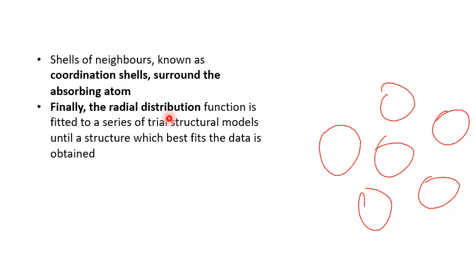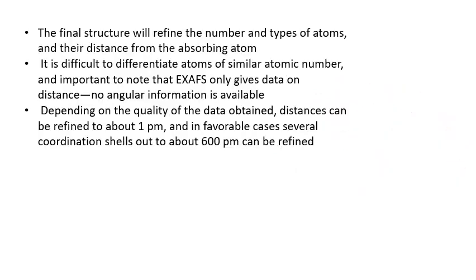Then it means the structure of that model will be identical to the substance which we are studying. As we studied in the previous slide, the radial distribution function is fitted on the trial models.